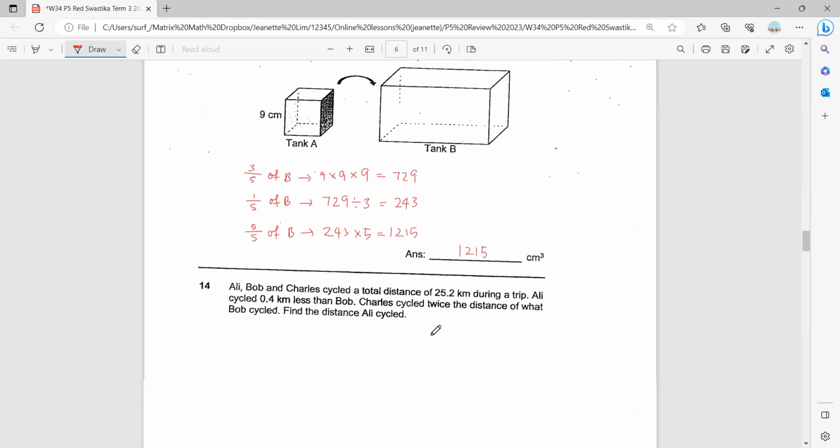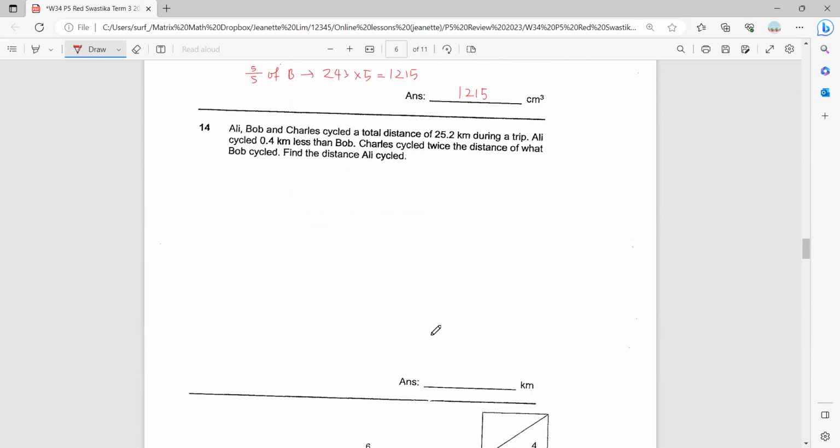Okay, question 14. Ali, Bob, and Charles cycled a total distance of 25.2 km during a trip. Ali cycled 0.4 km less than Bob. Charles cycled twice as far as Bob.